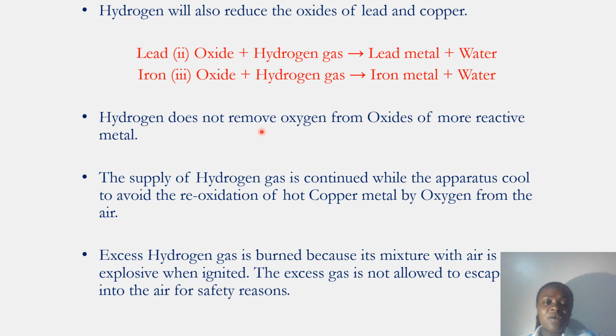So the supply of hydrogen gas is continued while the apparatus cools. This is to avoid the reoxidation of copper metal by oxygen from the air.